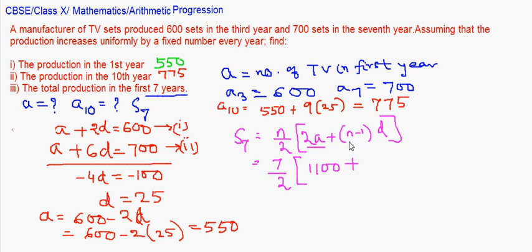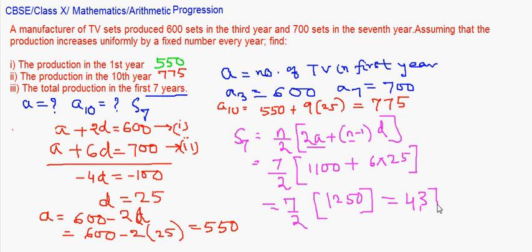N being 7 minus 1, so 6 multiplied by 25, that is 150. 150 plus 1100 gives you 1250. Now if I solve this, I'll be getting 4375. So 4375 TV sets got produced in the first 7 years.